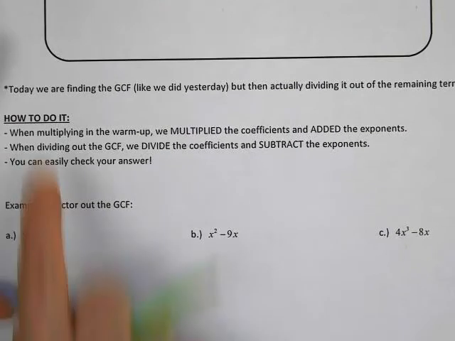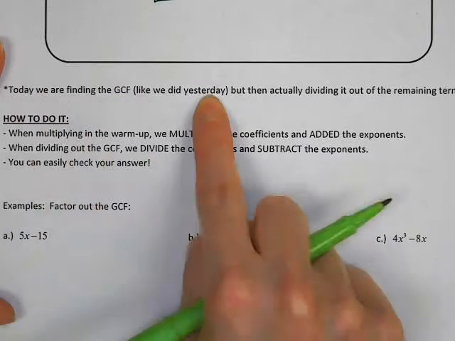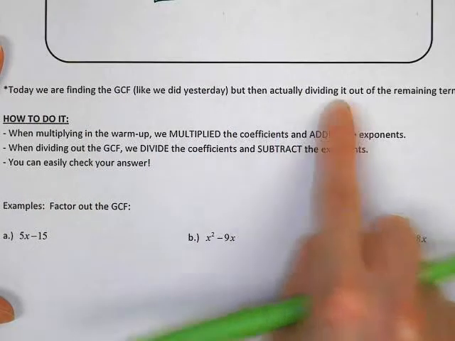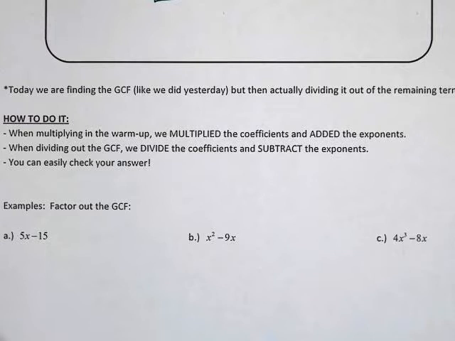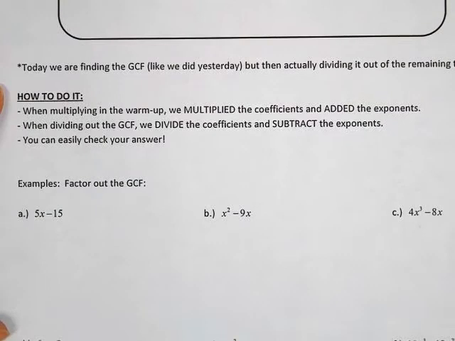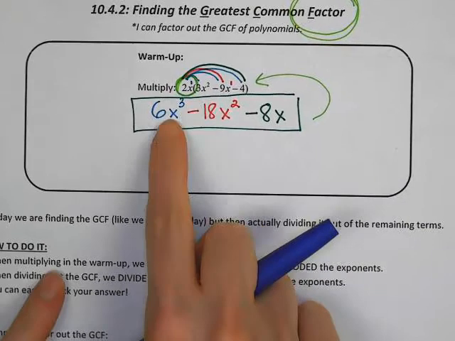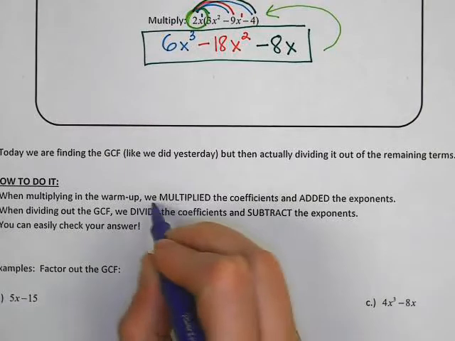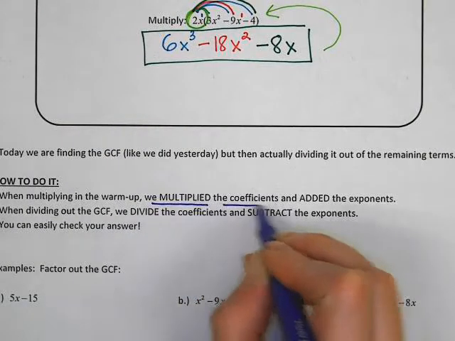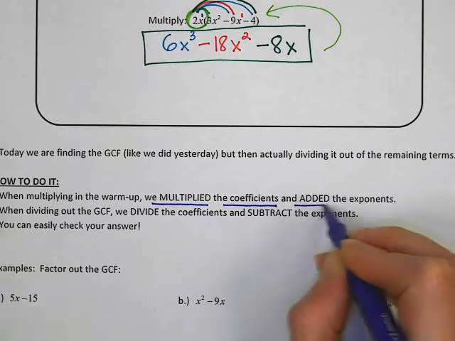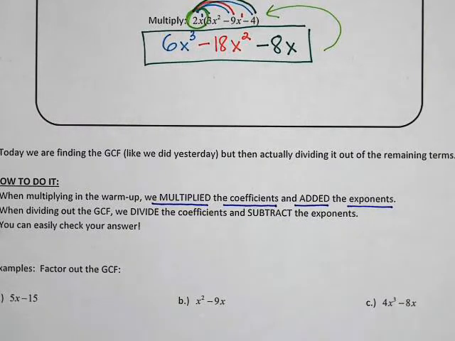So I kind of just said it. Today we are finding GCF like we did yesterday, but then actually dividing it out of the remaining terms. Now, since it's just going backwards, we're just reversing the steps. So you know how you multiplied the coefficients and added the exponents?